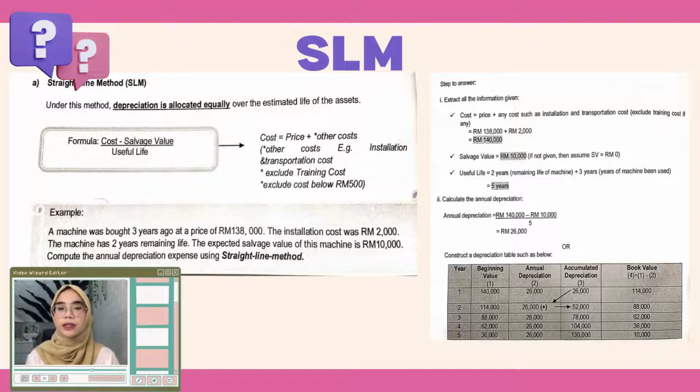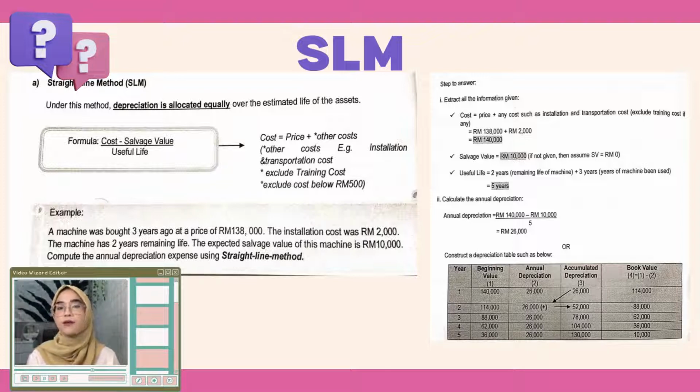Now we look at the example for year 1. For the beginning value, you just take the value of cost, which is RM140,000. And then the annual depreciation is RM26,000. The accumulated depreciation is the value of annual depreciation, so you just take the value and put it in accumulated depreciation.